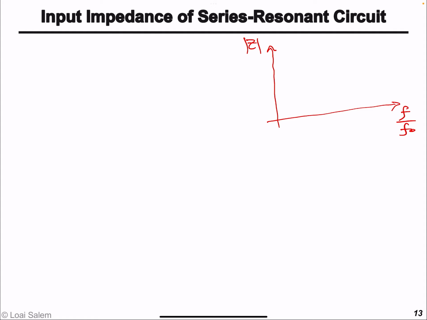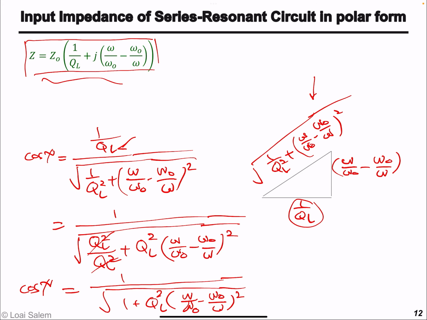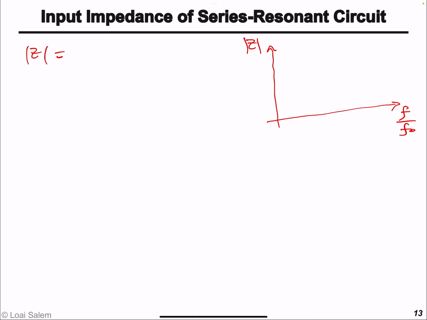So we know that the magnitude of Z from this expression is given by Z node times square root 1 over QL square plus omega over omega node minus omega node over omega square.